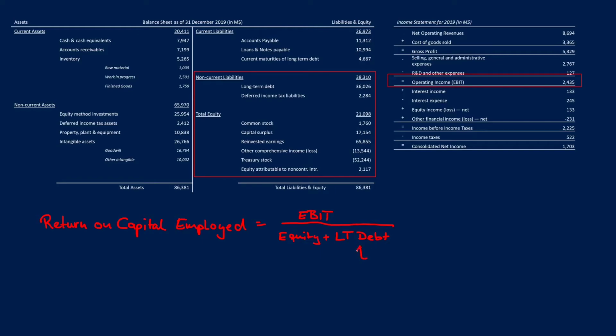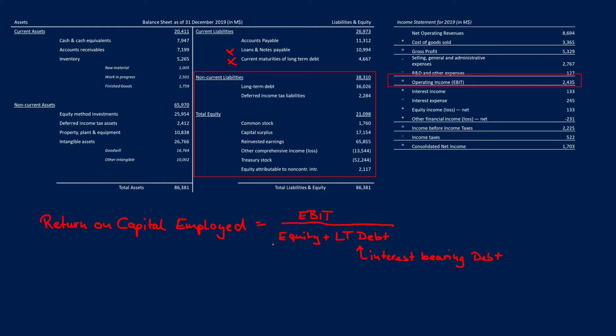The idea is to have the interest-bearing debt here. So loans and notes payables and current maturities of long-term debt might both also be interest-bearing and can also be added here. That's a question of definition.